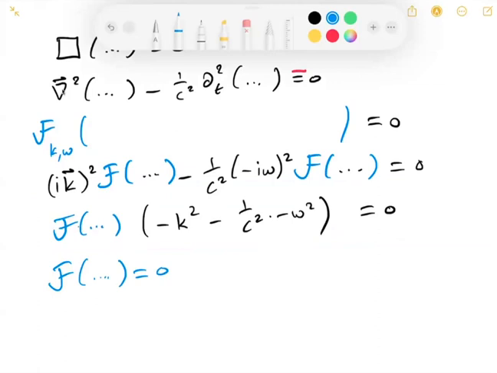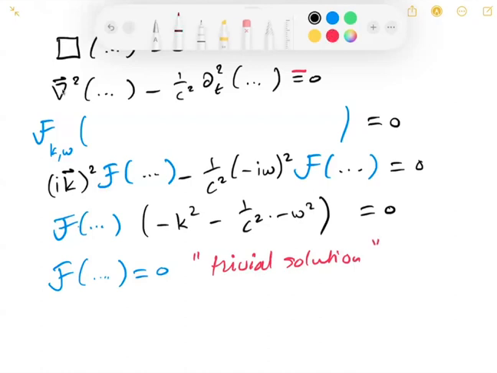So if the electric field, for instance, we're solving the wave equation for the electric field, let's say the electric field is 0 everywhere, it satisfies the wave equation. It's just not a super interesting thing, because even though it satisfies the wave equation, it is not actually carrying any meaning. So that's what we usually call the trivial solution.